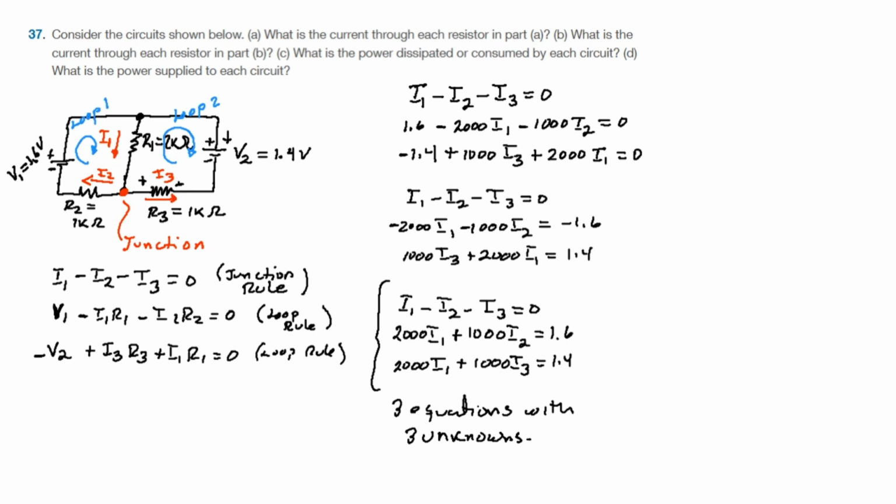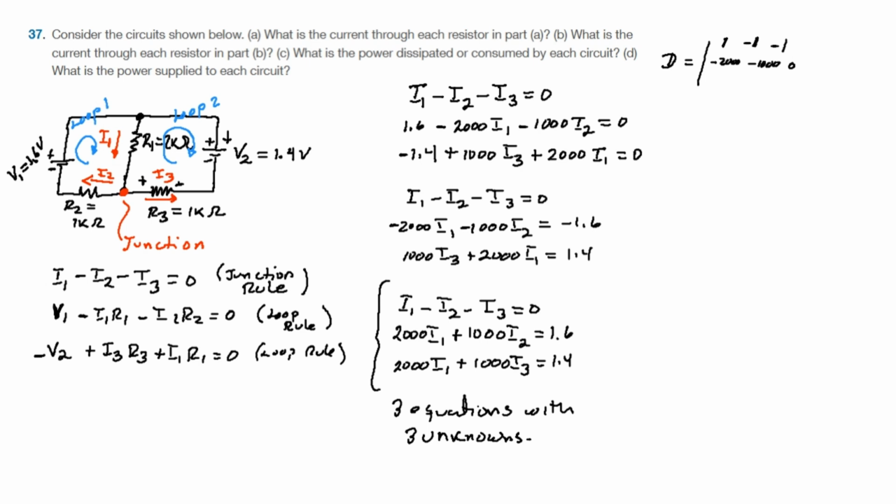So, just trying to go back to your knowledge of Coles Algebra 2, I will apply Cramer's rule. And I will say that determinant D will be the matrix that contains the values 1, minus 1, and minus 1, the coefficients of this first equation. Then minus 2000, minus 1000, and 0.